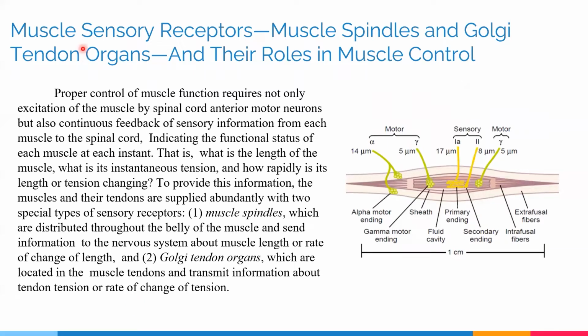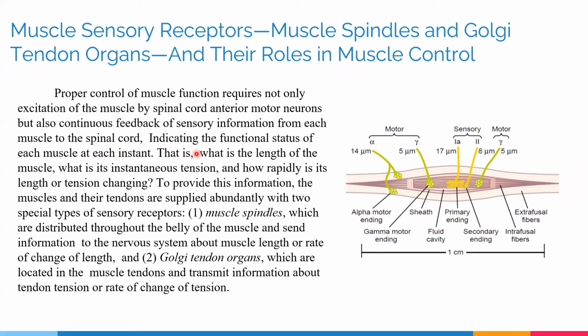Next, let us look into muscle sensory receptors, muscle spindles, and Golgi tendon organs, and their roles in muscle control. Proper control of muscle function requires not only excitation of the muscle by the spinal cord anterior motor neurons, but also continuous feedback of sensory information from each muscle to the spinal cord.